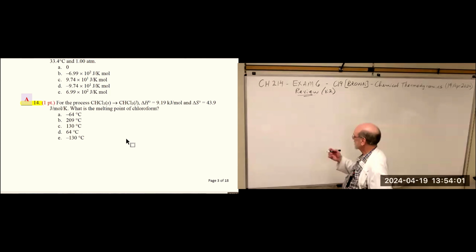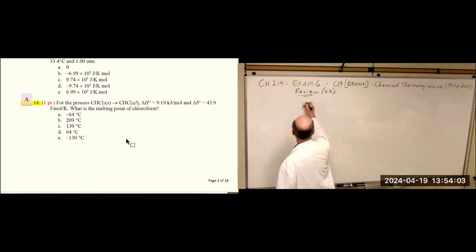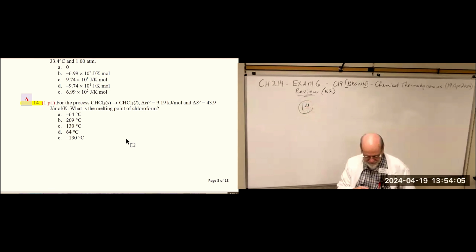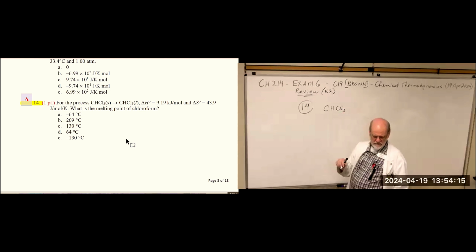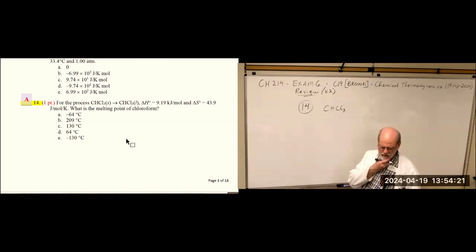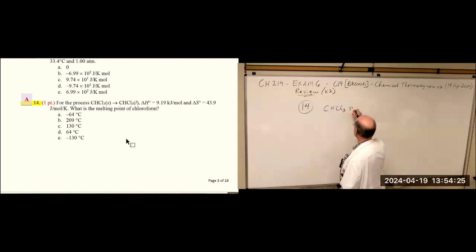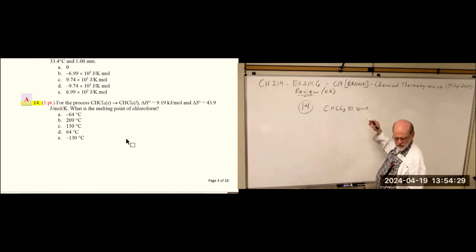Number 14. For the process, CHCl3, what is that? Trichloromethane. Solid, and we're going to liquid.